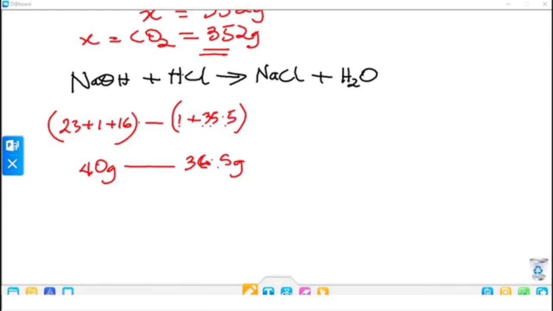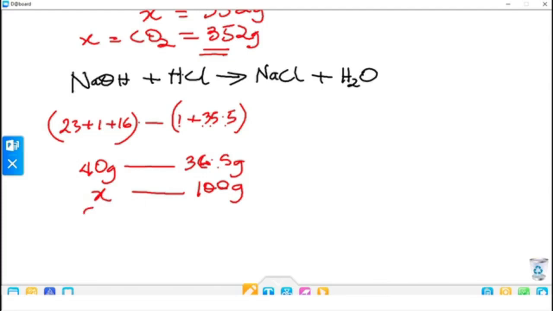To find the mass of sodium hydroxide needed for 100 grams of HCl, we don't know, so that's going to be X. If HCl becomes 100 grams, how many grams of sodium hydroxide are we going to need? We don't know. So we place X.